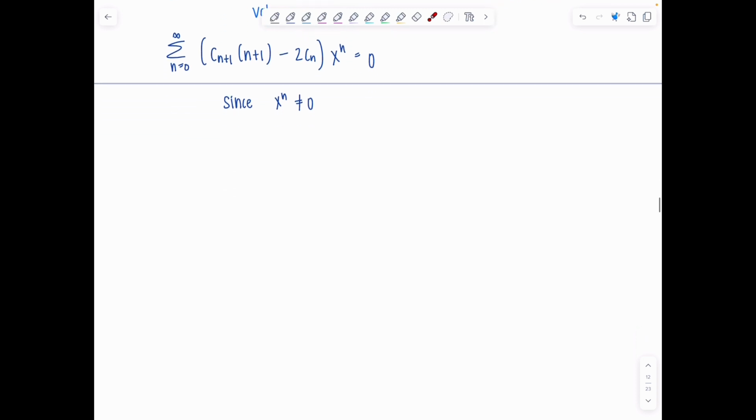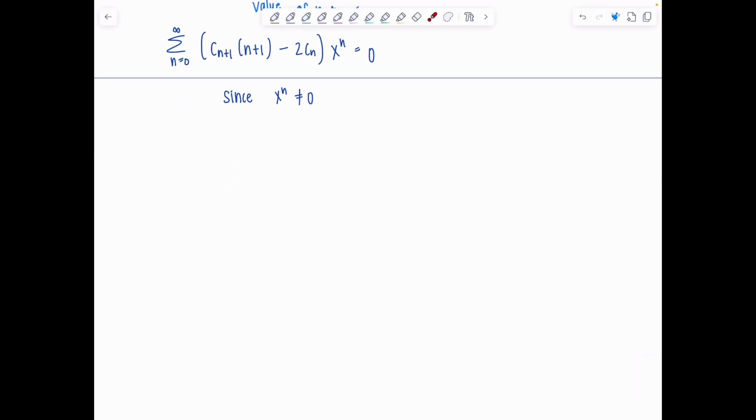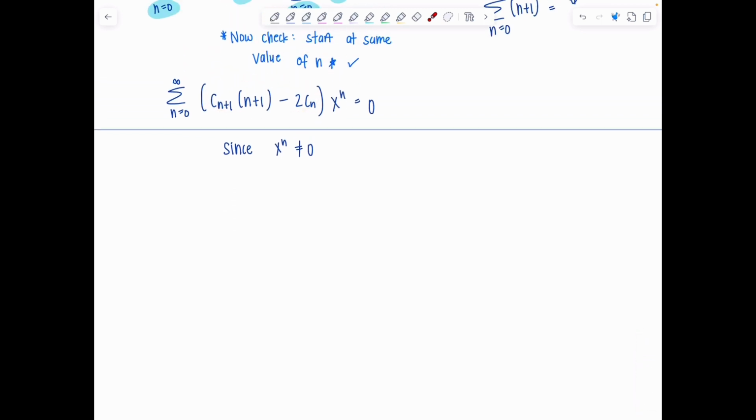I'm trying to find non-trivial solutions, so we can make this assumption. So if the product gives me 0, then I can assume that these coefficients equal 0. That tells me n plus 1 times c sub n plus 1 minus 2c sub n equals 0.